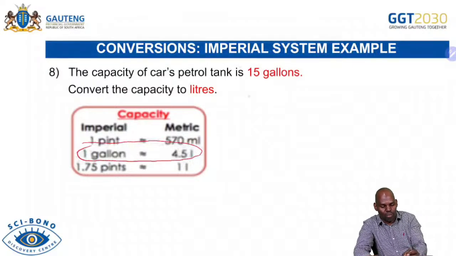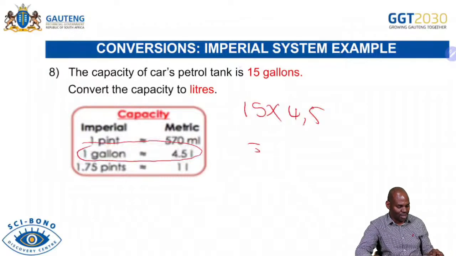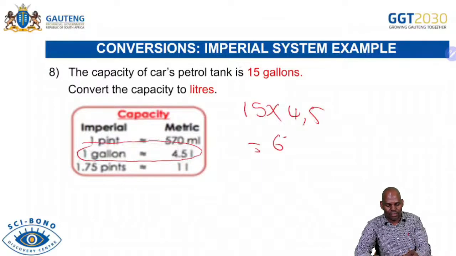So we must take 15 and multiply by 4.5, which gives us 67.5. So 67.5 is now in liters.